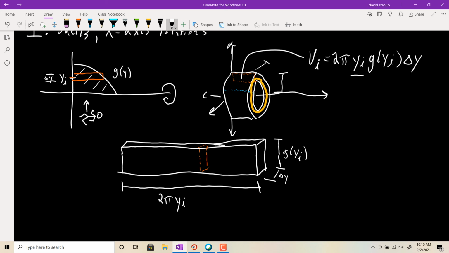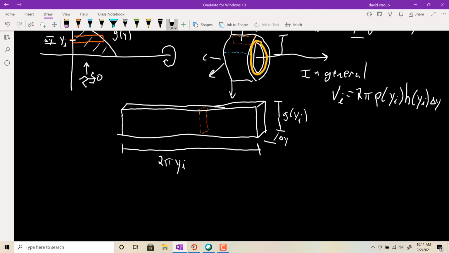In the book, in general, they'll call this rho of y. So your volume formula in general will be 2 pi rho, which looks like a p, of y sub i times g of y sub i, which you're going to call in general just a height function, h of y sub i, and then times the change in y.